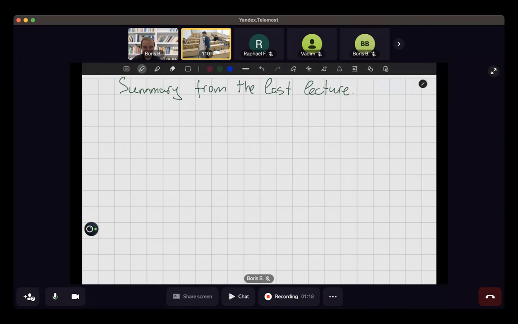Можно доступ на полный экран так сделать? По-моему, больше нельзя. Плохо видно? По-моему, это максимум. Сейчас, одну минутку.